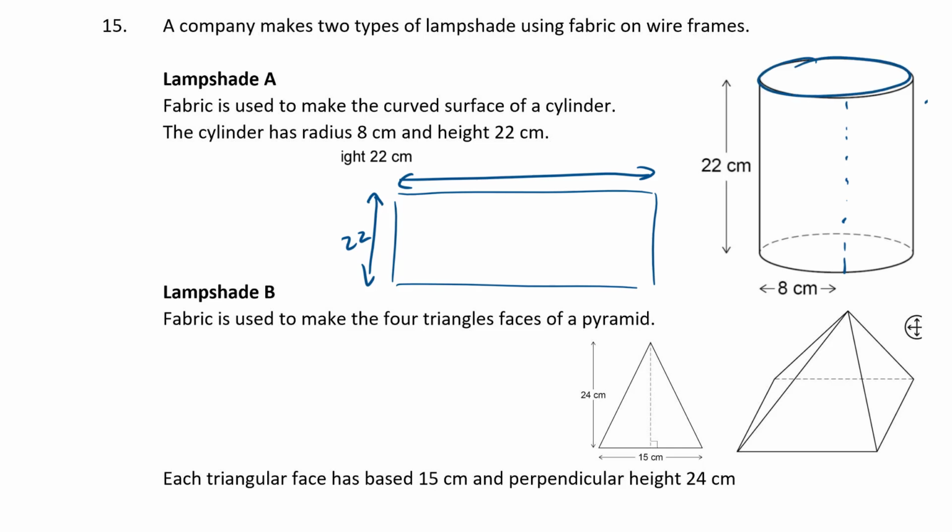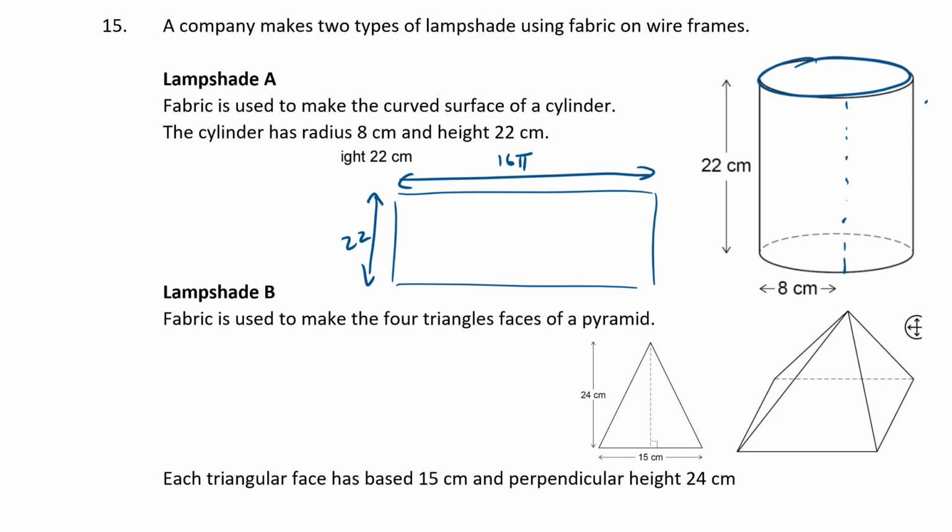This is a circle of radius 8, so its circumference is pi times d, or 2 pi r, so that is going to be 16 pi in that direction, isn't it? 8 times 2 times pi. Okay, so we've got a rectangle which is 22 by 16 pi.